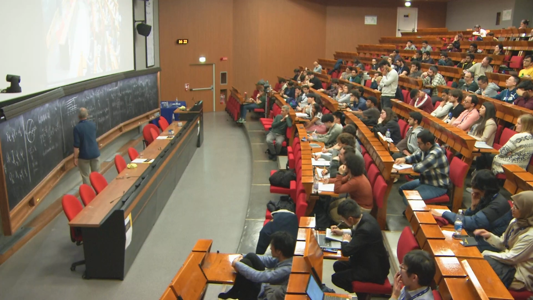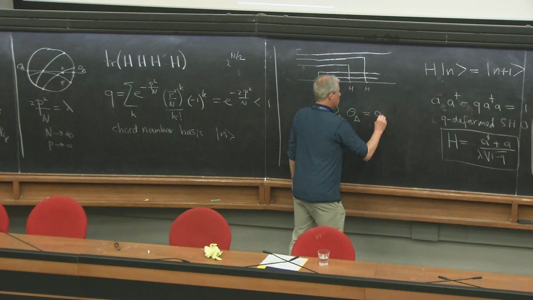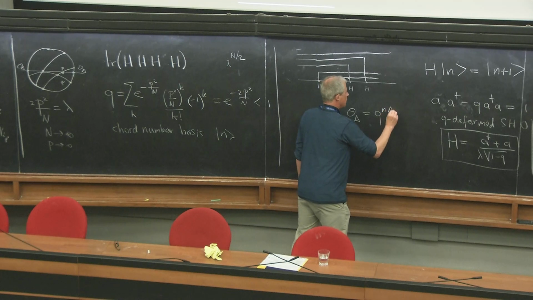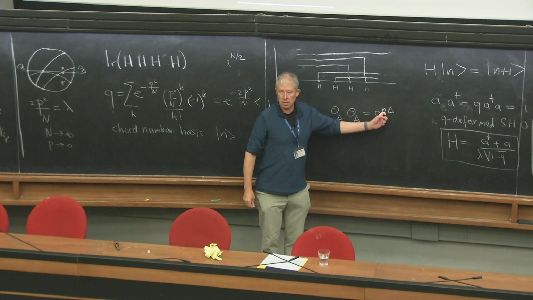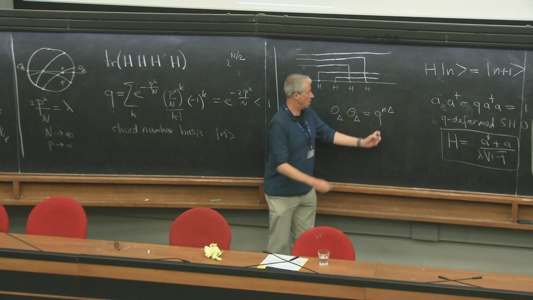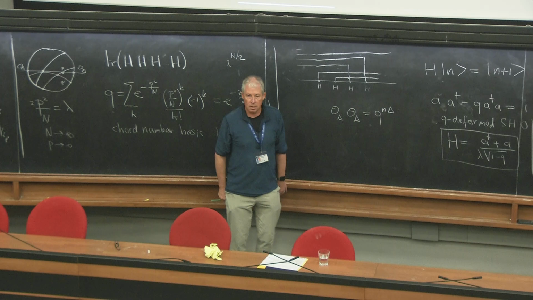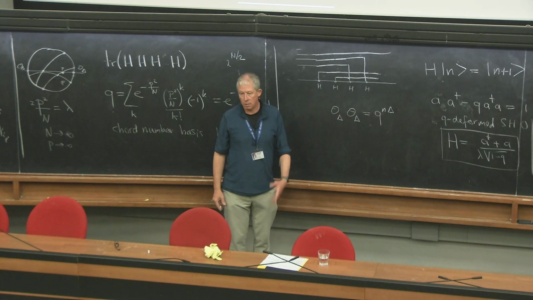So essentially this operator is q to the power n times delta, where n counts the number of chords. So this is the way in which matter can be included in the description.